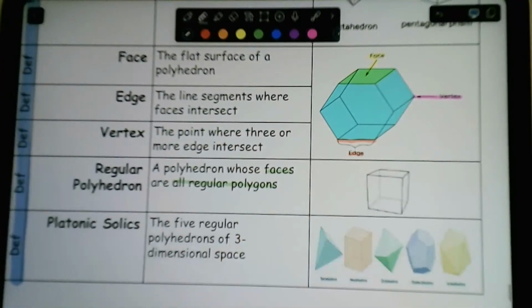If the polyhedron has faces that are all regular polygons themselves, we're going to call the entire thing a regular polyhedron. And in three-dimensional space, that should give you pause. Three-dimensional space? Does that mean there's four-dimensional space? Five-dimensional space? Six-dimensional space?